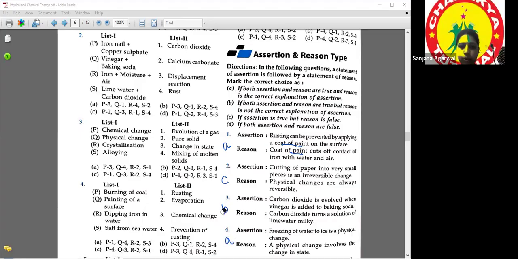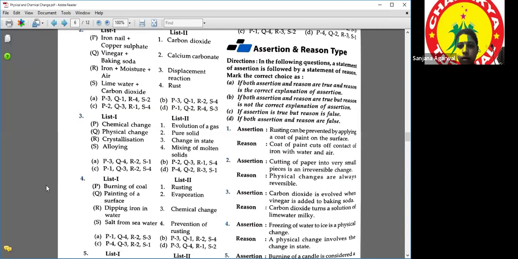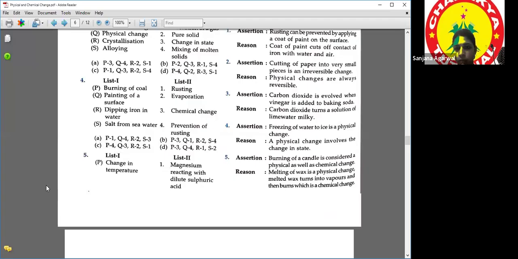Both are true, and physical change involves a change in state. See the fifth one also? Okay, Adrit. Correct, correct, correct, all correct.